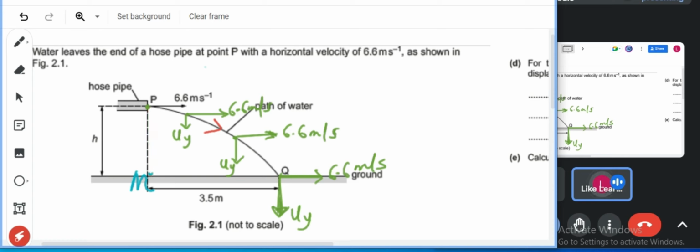Now, when you project an object horizontally with an initial speed, whether a fast speed so it falls like this, or a lower speed so it falls like this, or a much higher speed so it falls this way, no matter the speed with which you projected it horizontally, it will get to the ground at the same time as if you left it to fall freely.